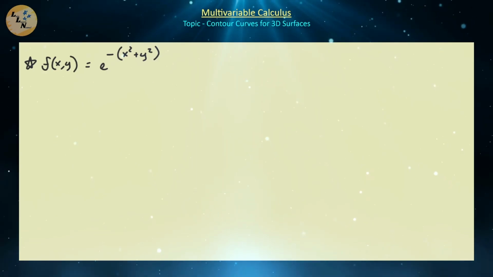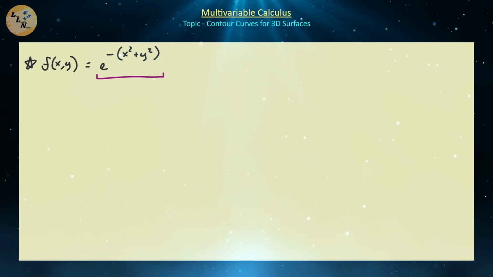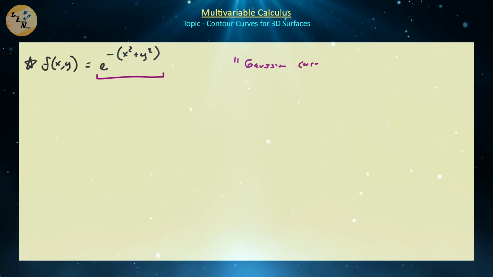Now let's consider this particular example, which is given by e to the minus x squared plus y squared. Just for terminology purposes, every time you see a function that is an exponential of some quadratic polynomial in the exponent, and the leading coefficient of that quadratic is a negative value, usually this is going to be referred to as a Gaussian curve, or Gaussian surface, or a Gaussian hypersurface, I guess, if you're in higher dimensions.